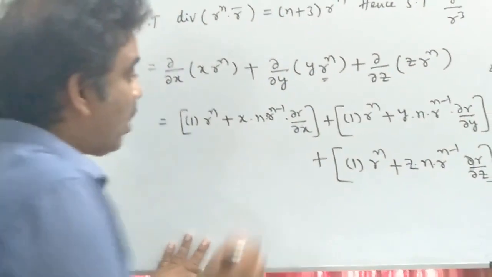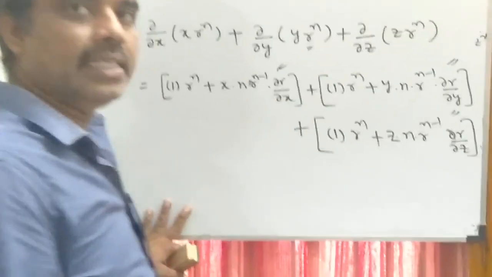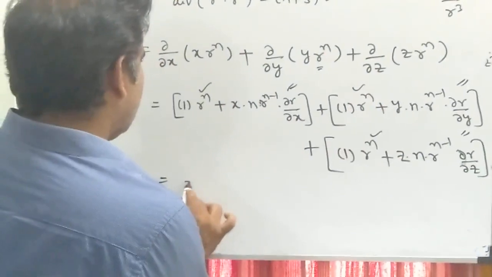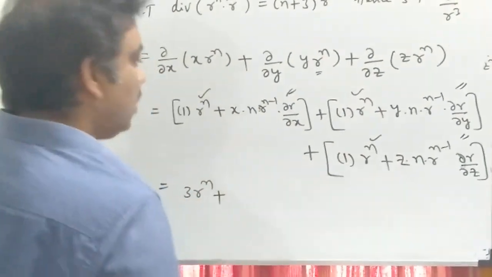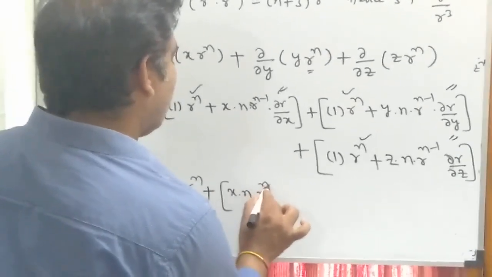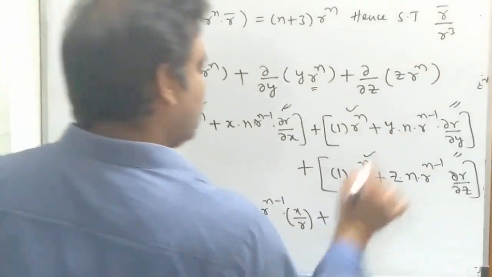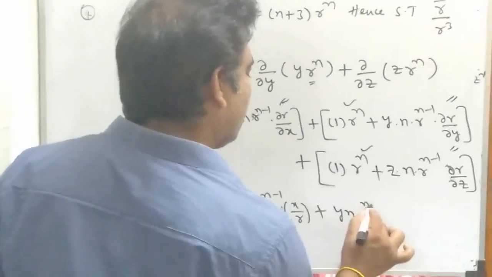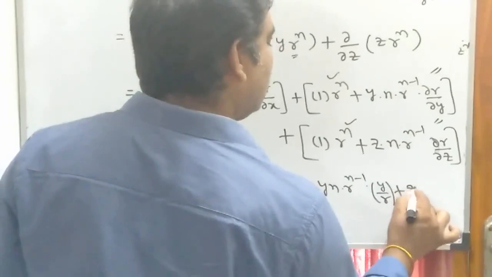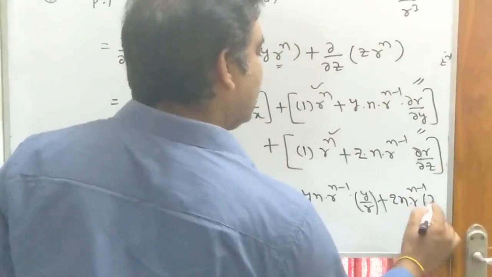But we know that ∂r/∂x is x by r, ∂r/∂y is y by r, ∂r/∂z is z by r. So you can write it as 3 r power n plus x into n into r power n minus 1 into x by r, next y into n into r power n minus 1 into y by r, and the last term z into n into r power n minus 1 into z by r.